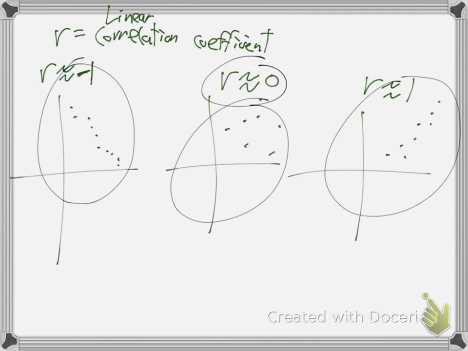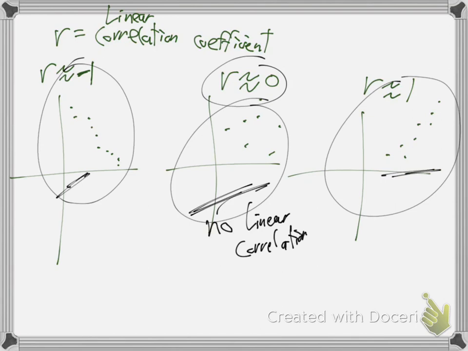Or real close to +1, there's a linear relationship going up. That's what we're trying to distinguish. Is it really close to 0? If so, there's no linear correlation. Or is it really close to 1 or -1? In those cases, there's a linear relationship. There's strong evidence anyway. There's always the chance of luck, but there's strong evidence.